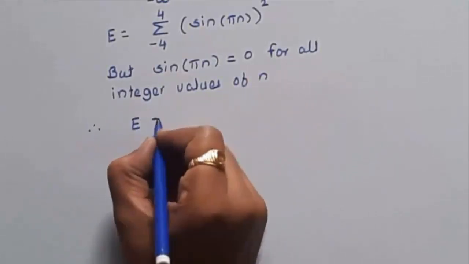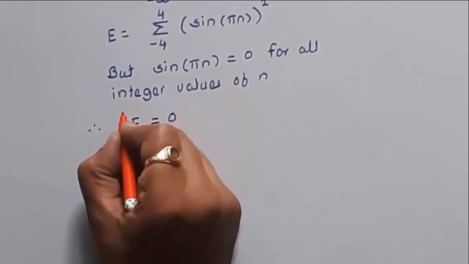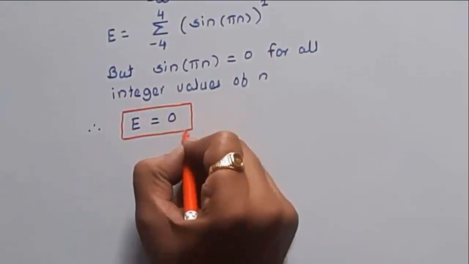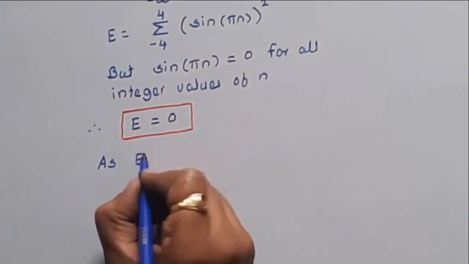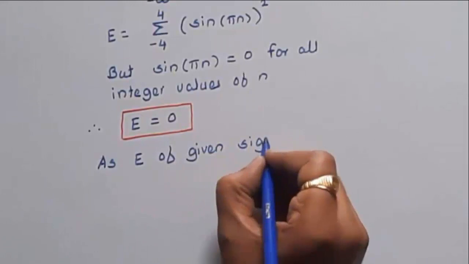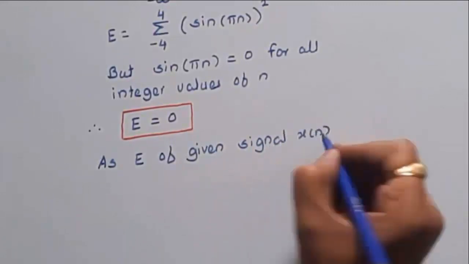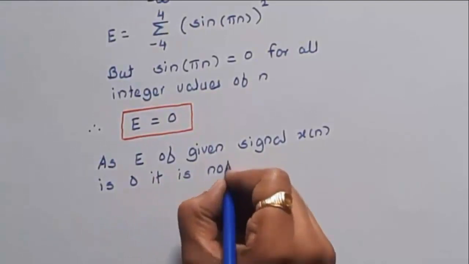Hence, energy of the signal will become 0. As energy of the given signal is 0, it is not an energy signal. So it may be a power signal. So let us calculate its power and check whether it is a power signal or not.